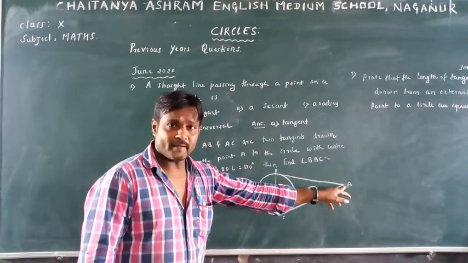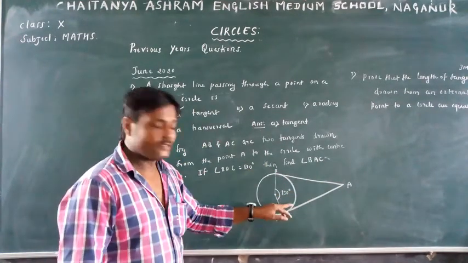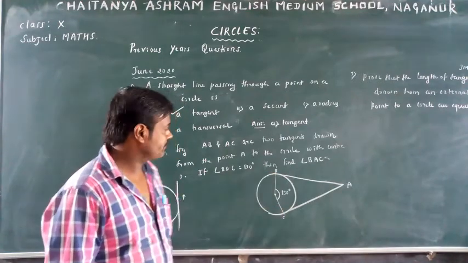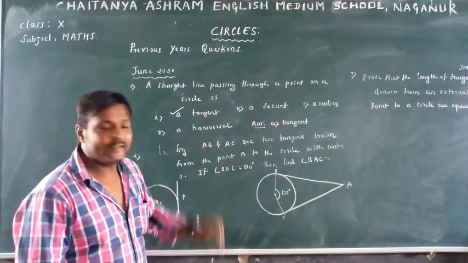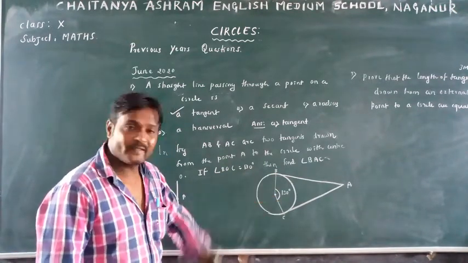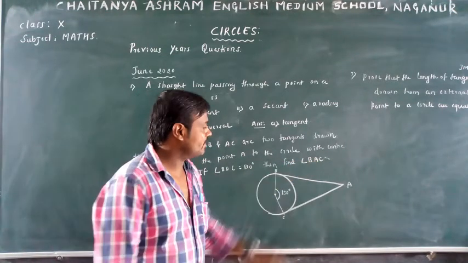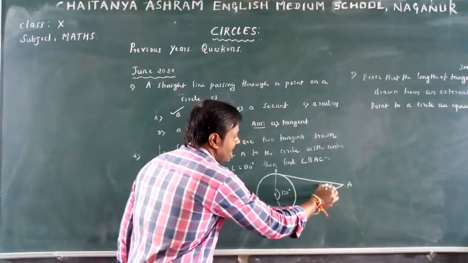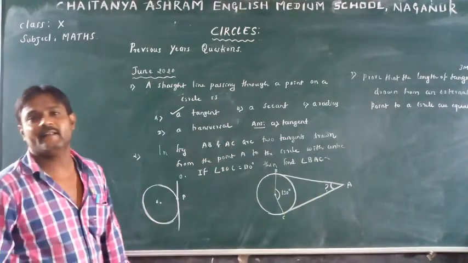Through this point, 2 tangents are drawn to this circle, at B and C. If angle BOC is equal to 130 degrees, then find angle BAC. What is the measure of this angle BAC?